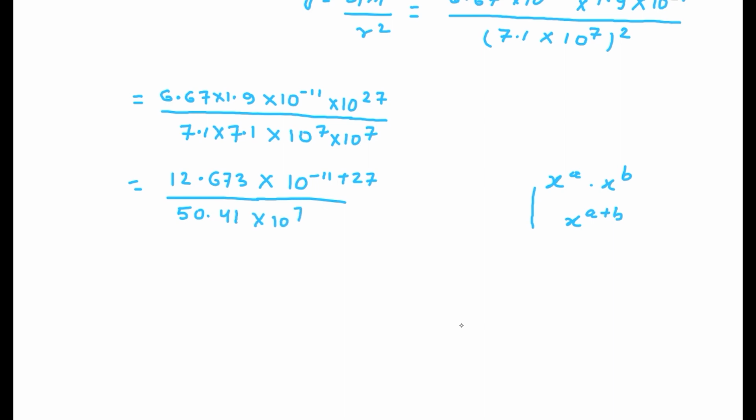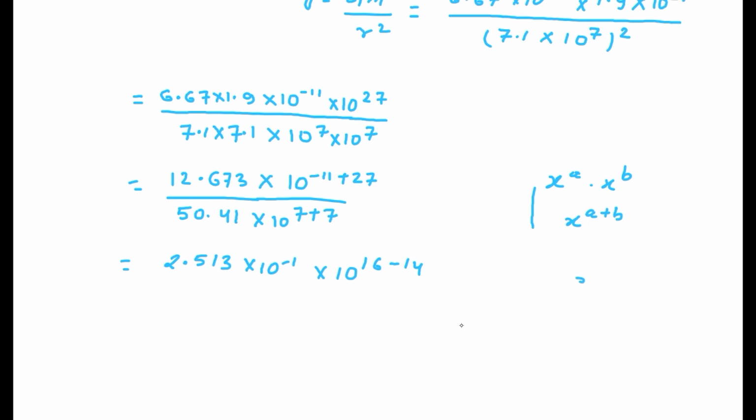base same, then 7 plus 7, then divide, first of all divide this 12.673 by 50.41, so it becomes 2.513 into 10 to the power minus 1, and we have 10 to the power minus 11 plus 27, it becomes 16, and this 7 plus 7 is 14, then minus 14.